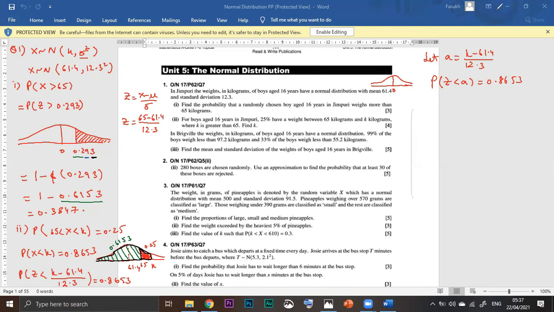The left side. Sorry. Wait, can you repeat your question? Yes. Z is less than a. We will move to the left of a because z is less than a. The area on the left hand side of a is 0.8653. Is a positive or negative?